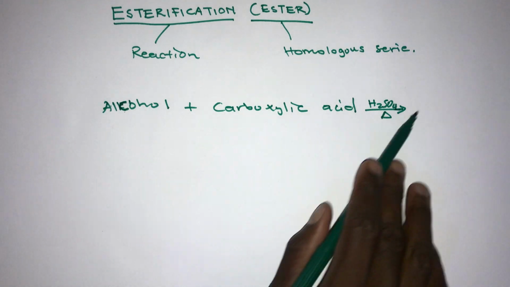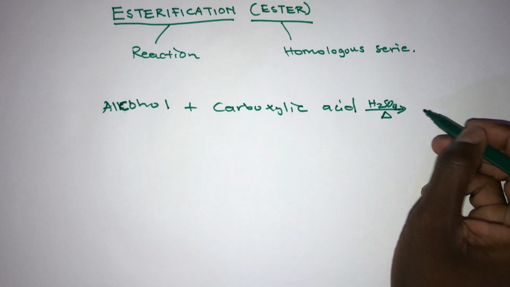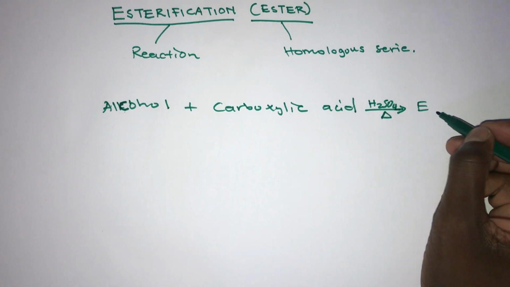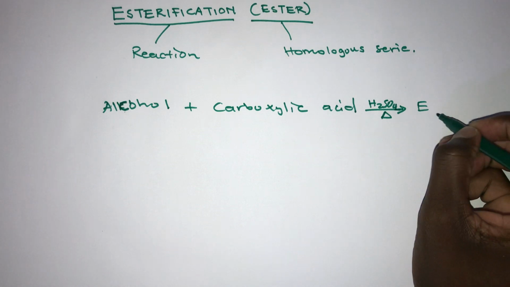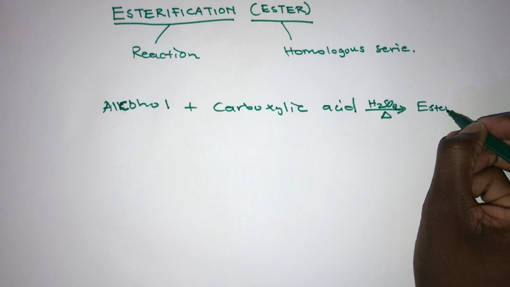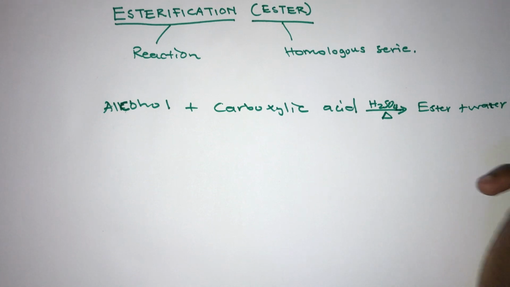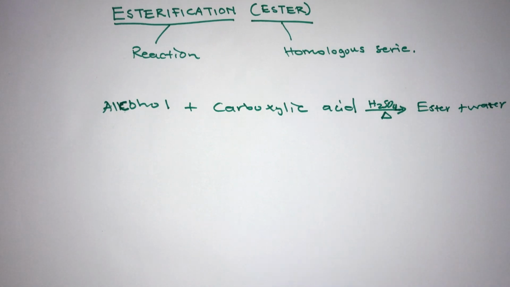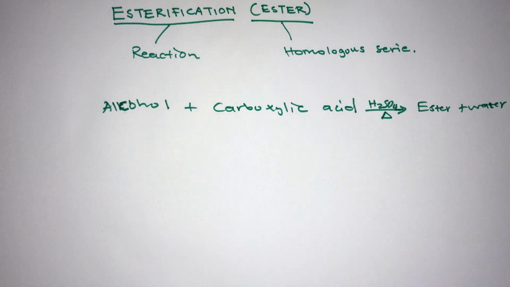Once you see H2SO4, it means that one of the products is going to be water. So we're going to have an ester plus water.